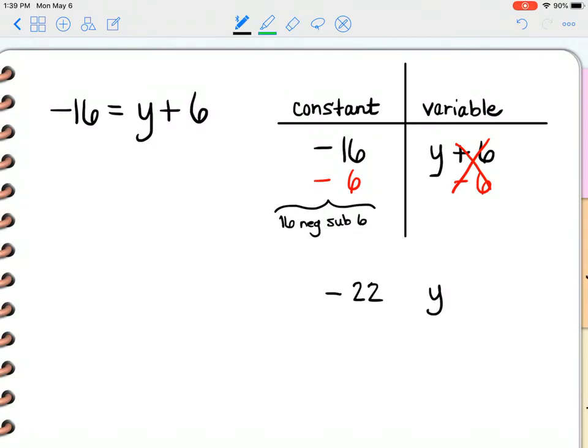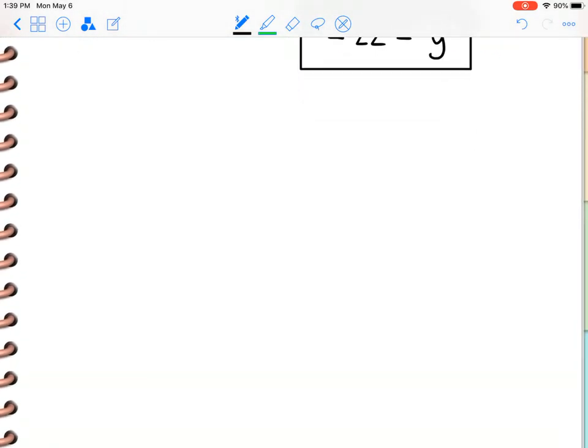So your variable is y, your negative 22 is the constant, you're finished. Again, you can put your parentheses around that negative 22 if you like those there. It does not matter. Okay, one more.